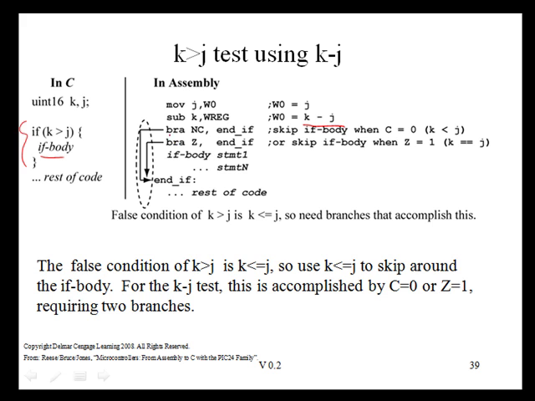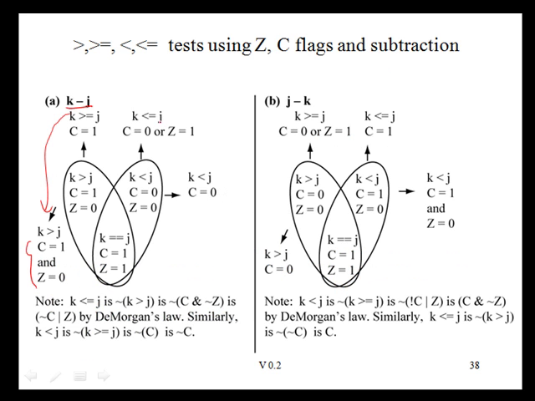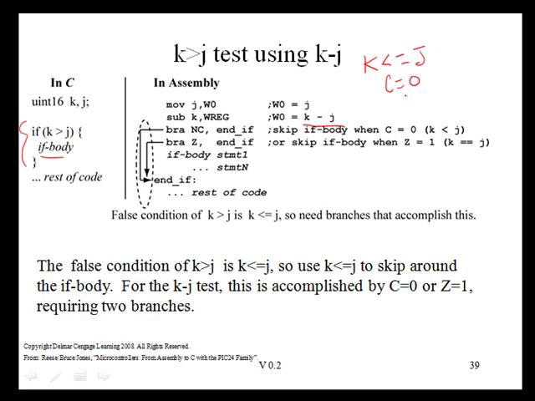So in thinking about these branches, we have to ask ourselves, what do these branches have to be? Well, we need to have them for the false test, which is k less than or equal to j. So let's go back, and we see that the test for k less than or equal to j is going to be c equals 0 or z equal 1. So these branches will have to be branch on no carry, carry equal to a 0, skip around the end if, don't execute the if body, or we also skip the if body if our 0 flag is 1, branch on 0 around this.